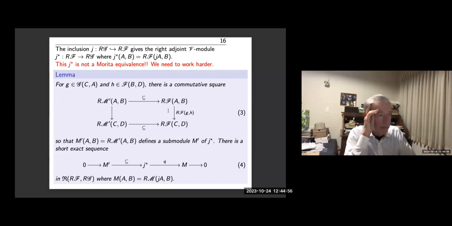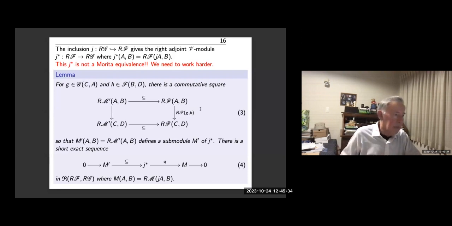And what I'm saying is, remember that in the first variable, A and C in that diagram, this A is a module coming where the A comes out of G and the B comes out of F. So G is going to be an invertible thing, and little h is going to be an arbitrary linear thing. And because of the axioms for a factorization system, you get this commutative square.